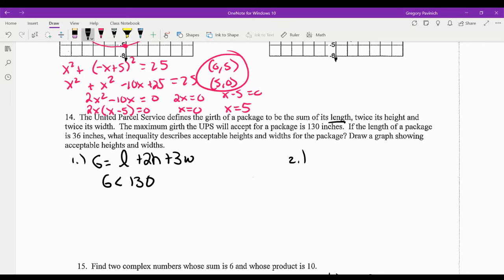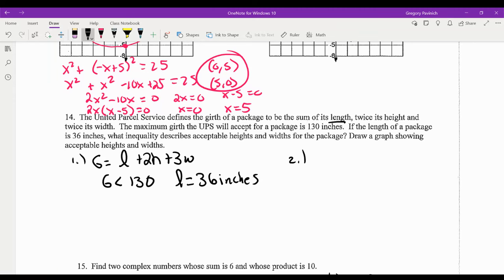If the length of the package is 36 inches, so I'm just writing down what inequality describes the acceptable height and width for a package. Draw a graph showing the height and the width.